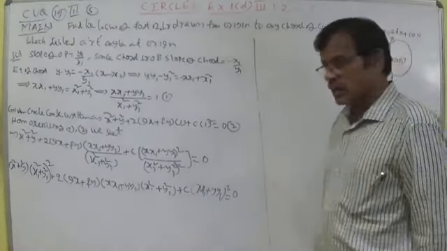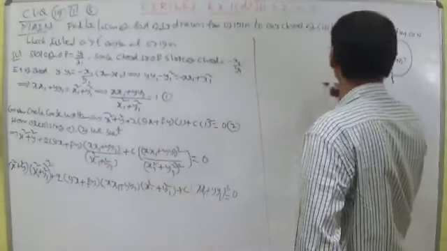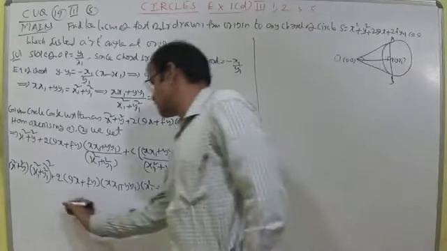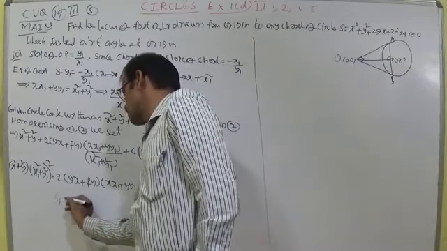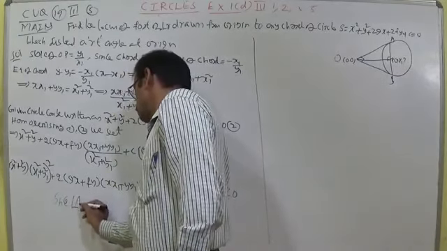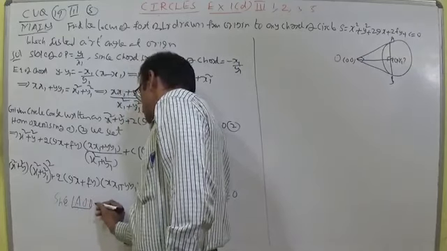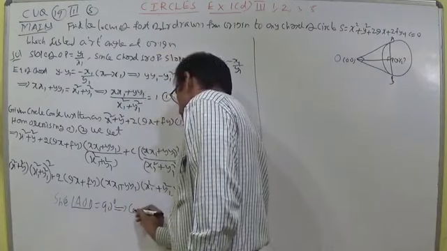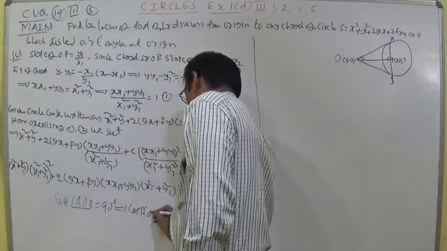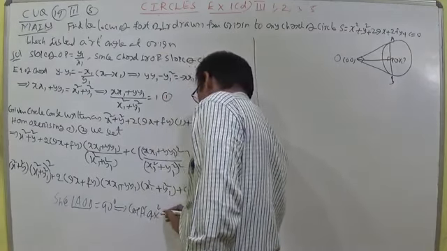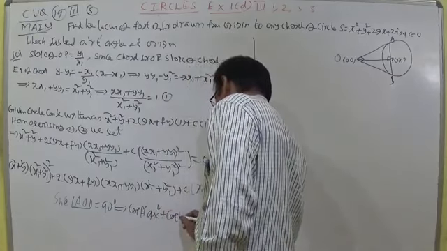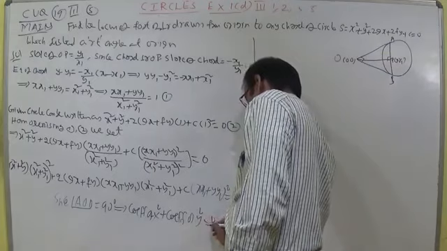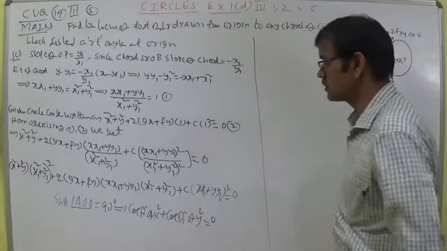If we can understand directly, we can write that since the angle AOB is equal to 90 degrees, that implies coef of x square plus coef of y square equal to 0 for the circle.